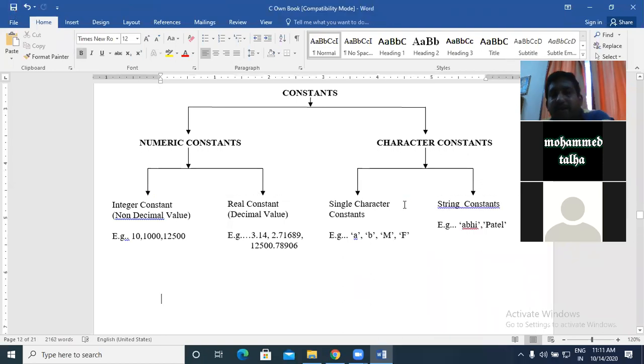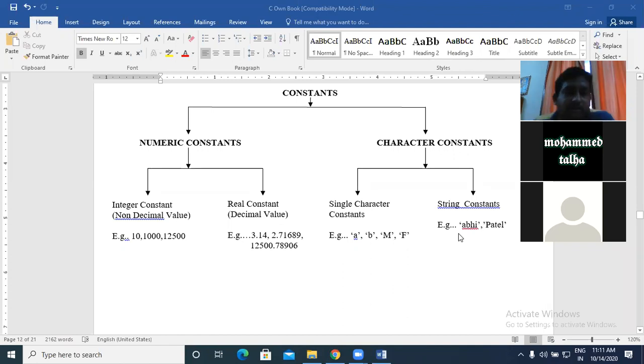These are the constant values which we use in the C programming language for different kinds of programs. Let me repeat: two types of constants are there in C programming. One is numerical constants, second is character constants.